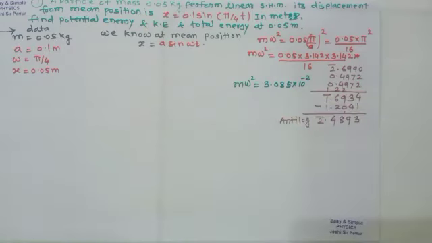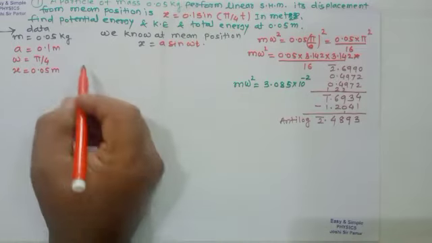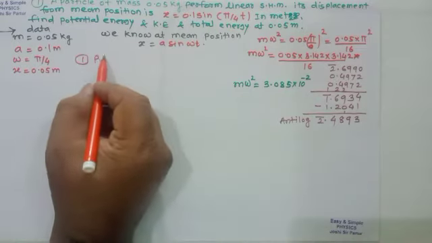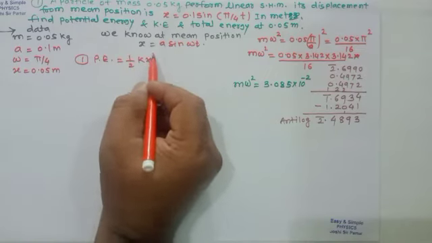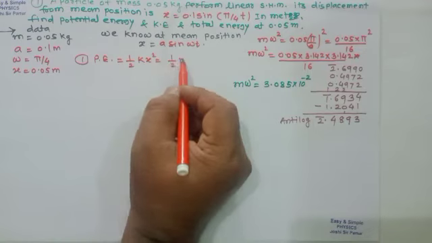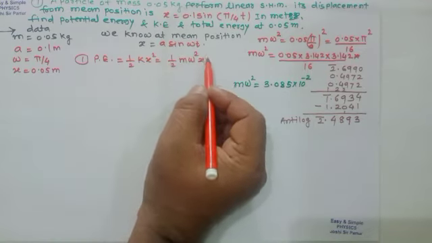So here we know for finding potential energy has formula. Potential energy of particle will be half kx square, it will be half m omega square x square.